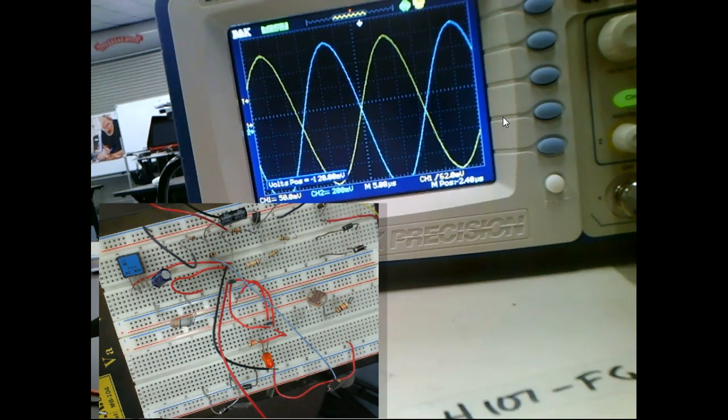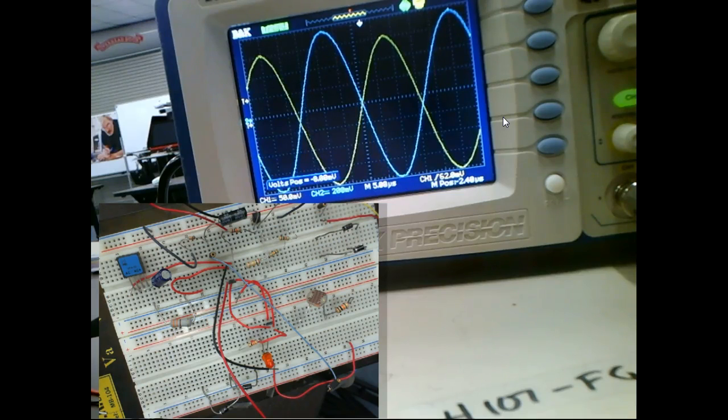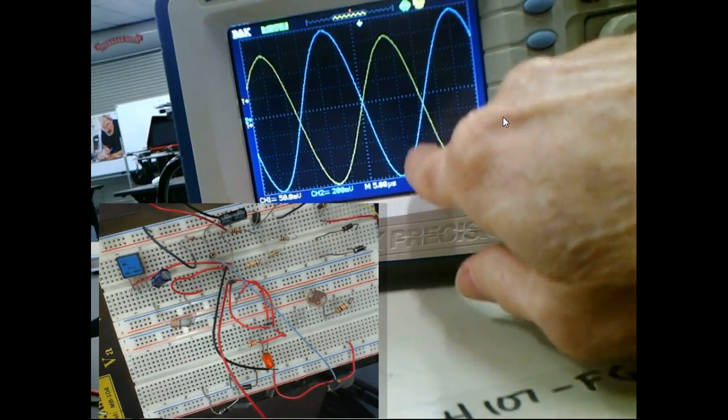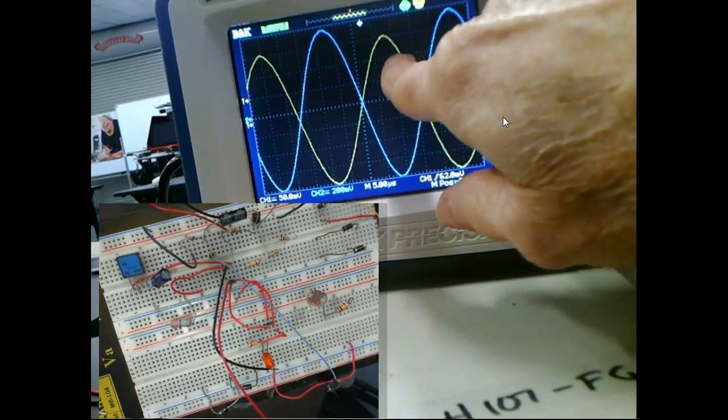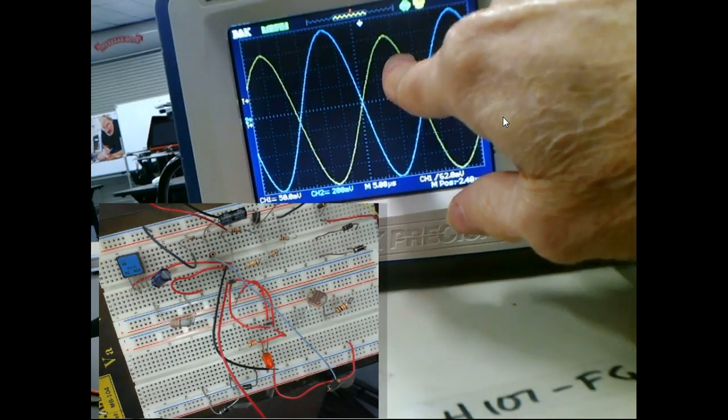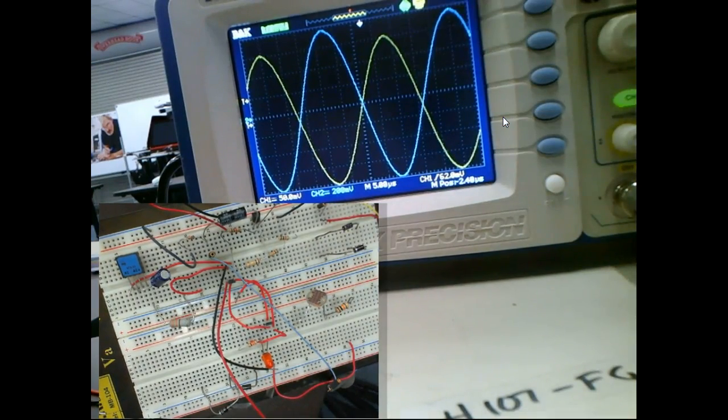So that's 200 millivolts per division. 1, 2, 3, 4. So what's that now?